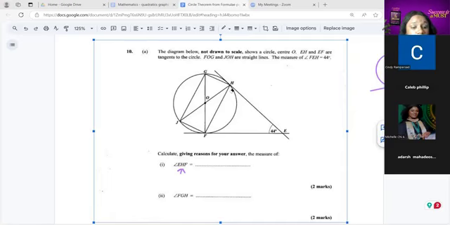I normally tell students to start from the first letter. So start from E, go down to H, then down to F. So the angle at H is the one between E and F. That's how you identify which angle they're asking for, because there are multiple angles at H. To know which one they want, start from the first letter they give you, go to the middle, and then go to the end.